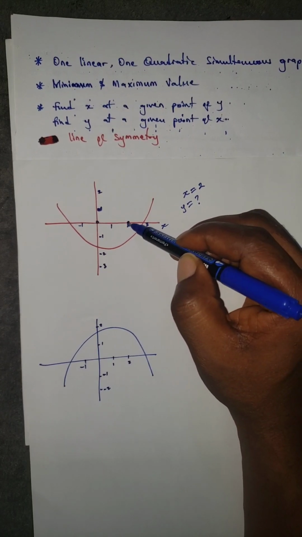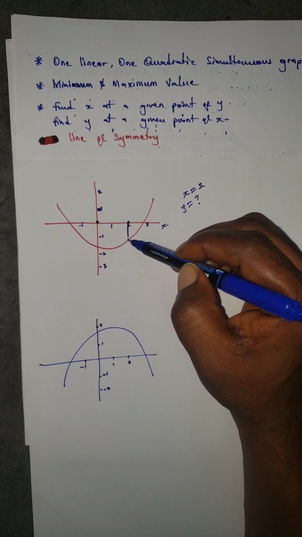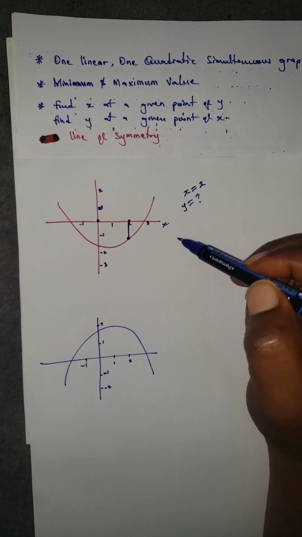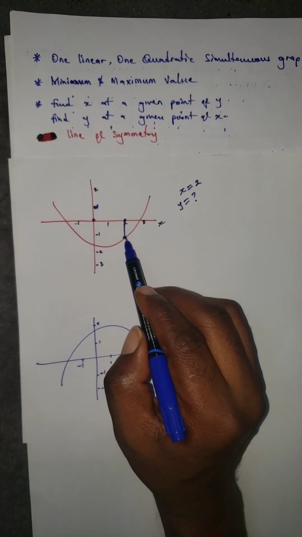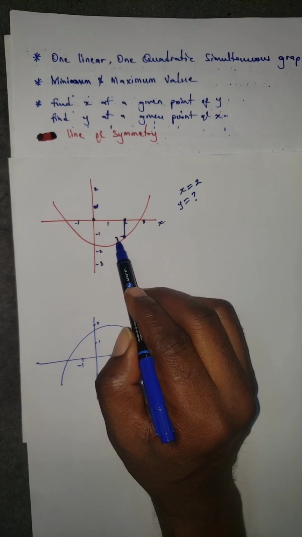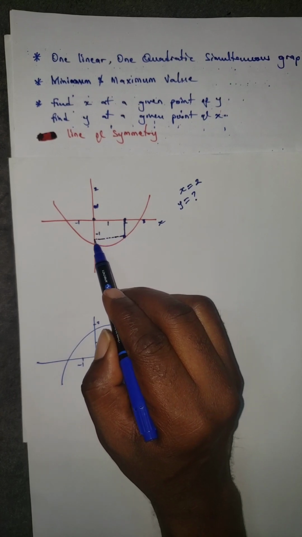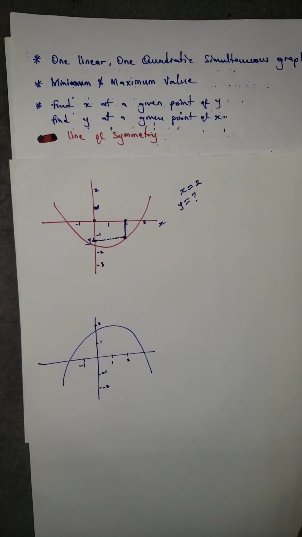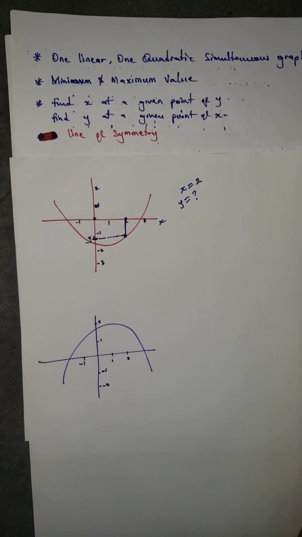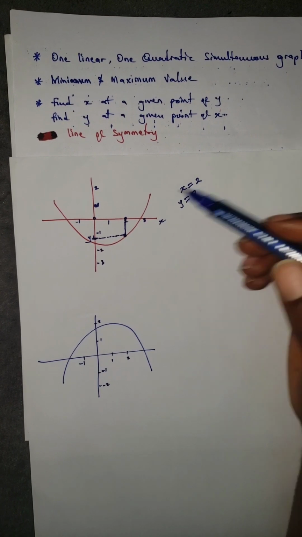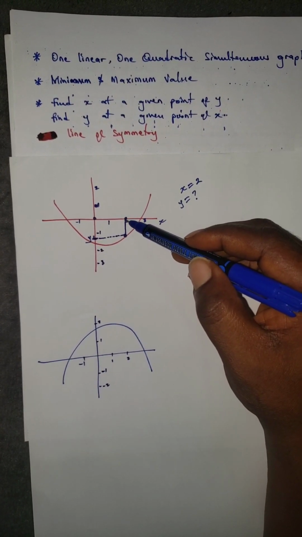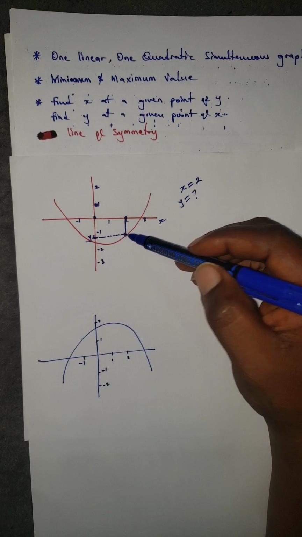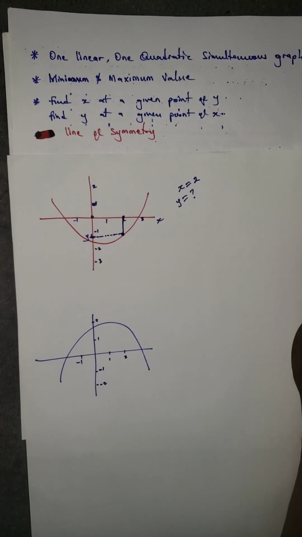Trace this s that is equal to 2 until it meets the curve. So when it meets the curve, you now find the value of y at that curve. So you trace from your s, meet the curve, then find the value of y from that point.